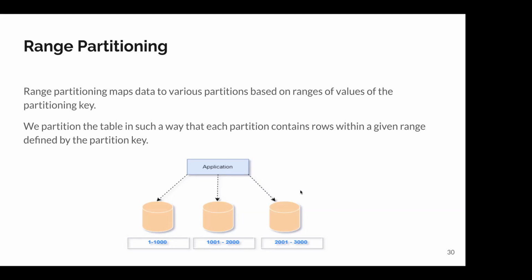Then it's not a good partition, right? Because the load or the query performance when you're hitting database 2 is going to be really poor. That is the disadvantage of range partitioning, because you can't control it. Now let's move on to the next one.